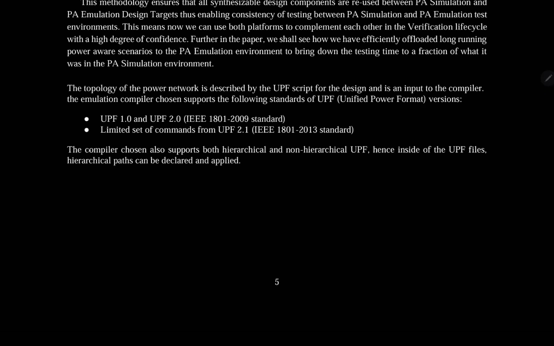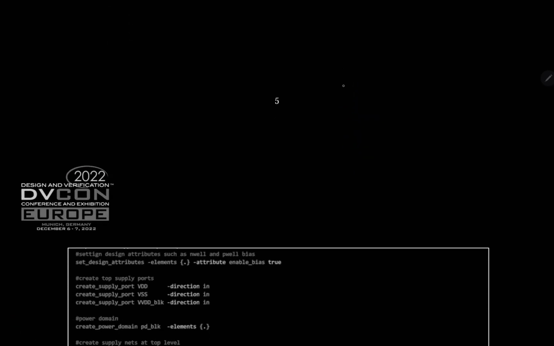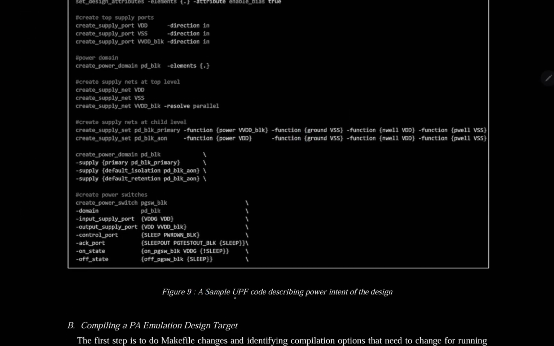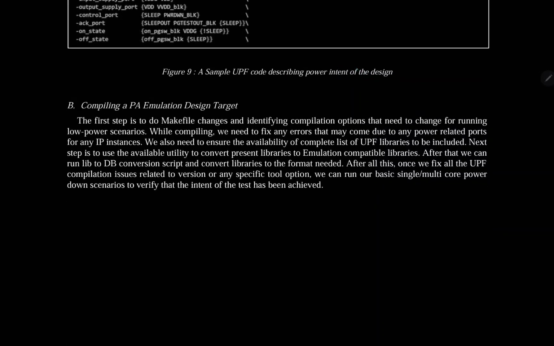The compiler also supports both hierarchical and non-hierarchical UPF. Hence, inside UPF files, the hierarchical path can be declared and applied like this. Figure 9: a sample UPF code describing the power intent of the design.